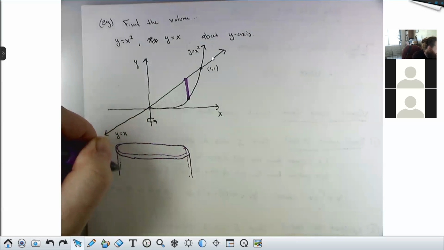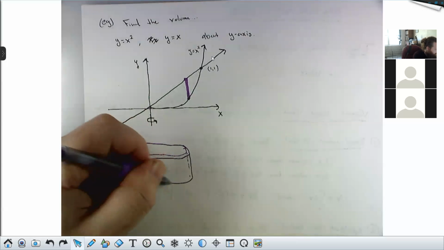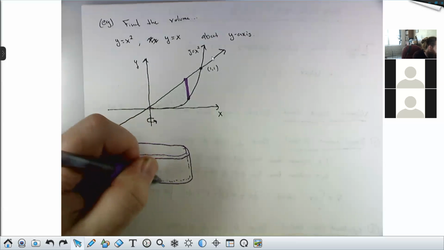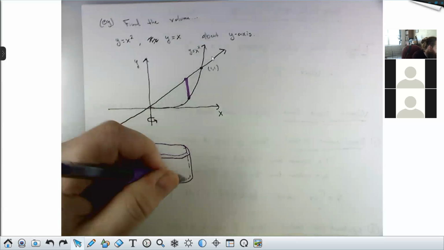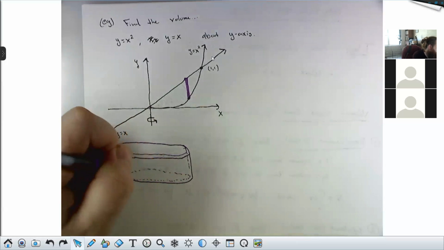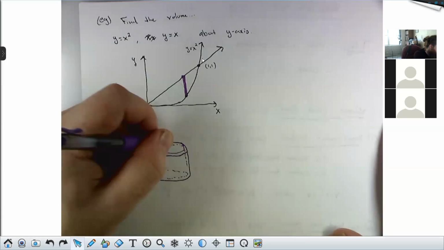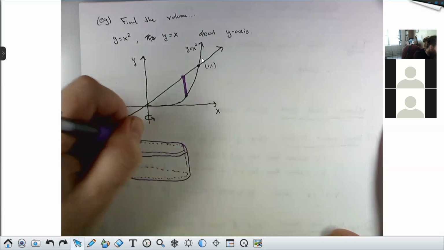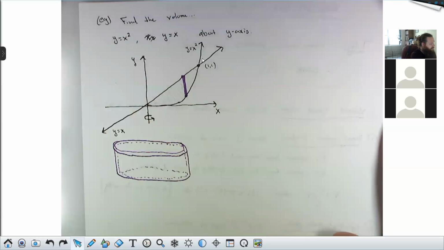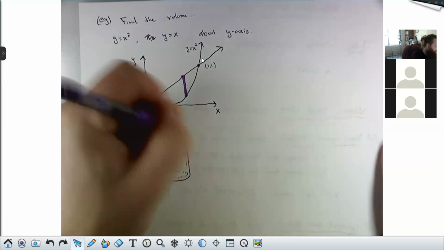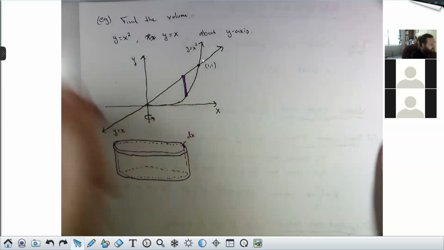Doesn't have to be perfect, but you get the idea. Remember, this is a shell, right? It's not full. It's like a soup can with the top and bottom popped off. The thickness of this wall here is the thickness of that strip, which is dx.